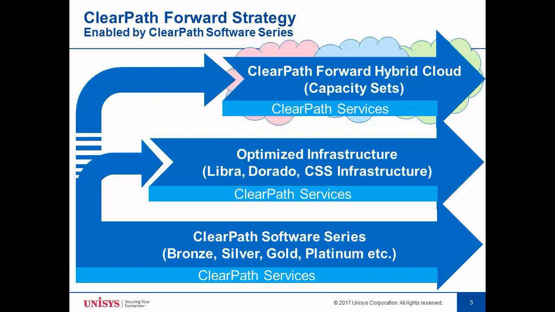CSS in the middle arrow stands for ClearPath Software Series, and what we mean by CSS infrastructure is that we understand that clients may still want to buy hardware from us underpinning their software series deliverable products. So in the middle is our optimized infrastructure strategy, which are the Libra platforms, all of the new Dorado platforms that Bob will be talking to you about, as well as the CSS infrastructure, which is not the focus of today, although the OS 2200 Developer Studio offering is.